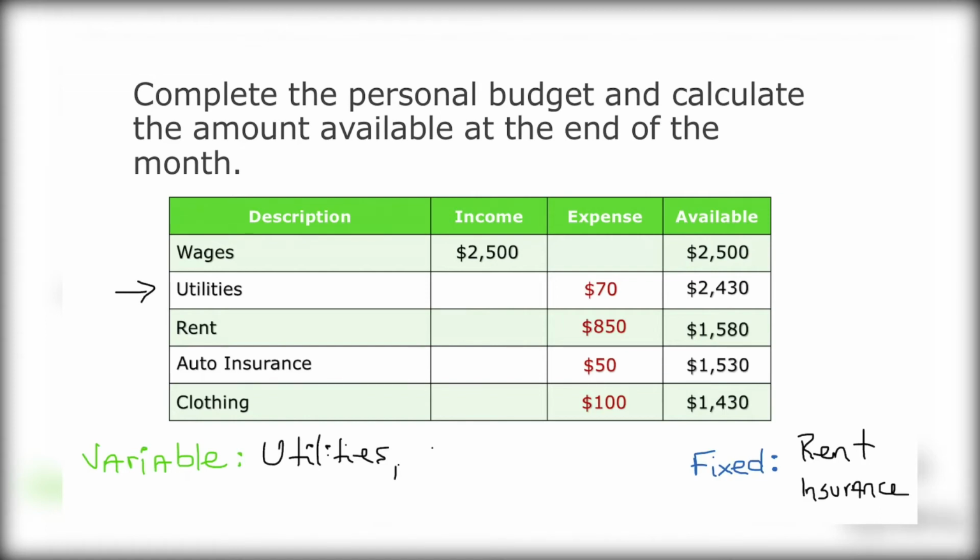And then we have clothing, which is actually variable because you can decide to buy more clothes in one month, or maybe in another month you don't have to buy clothing at all because you have enough. So that's an example of a variable expense. And this is how we classify variable and fixed expenses.